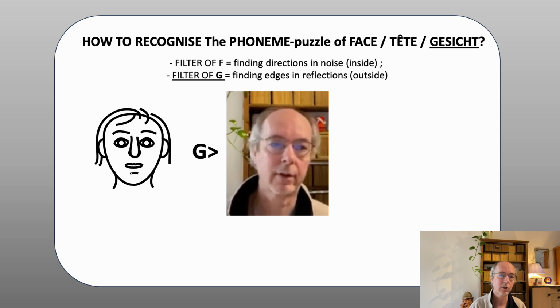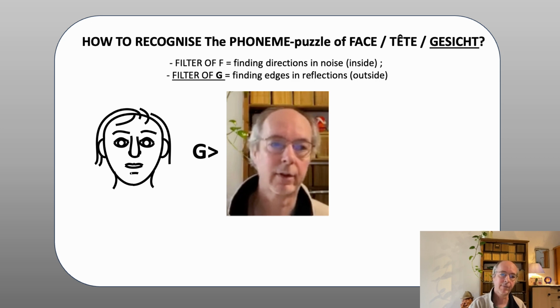The G is the opposite. It's finding a way to focus upon the reflections, the reflections of the light, let's say. The reflections very much outside, and these reflections reflect towards ourselves like a bat is reflecting its waves, and the waves come back, and we try to focus and see, can we see something in it?